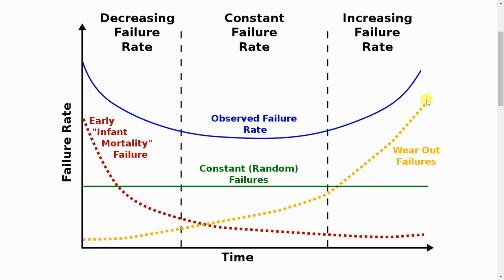That meant that as time progressed, the machine would gradually wear out and one of the components would fail. Sometimes the entire machine would fail catastrophically. And as you can see, as time progresses, this failure rate increases.